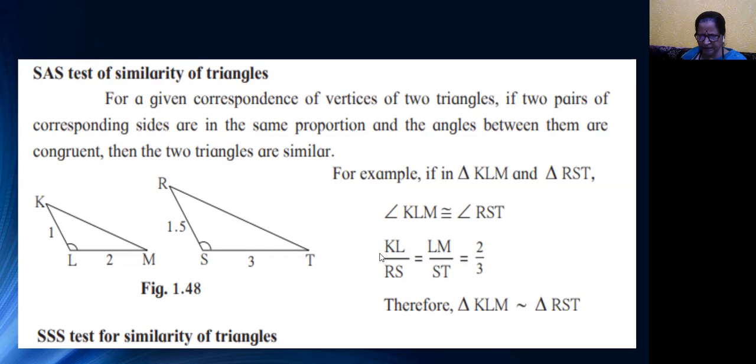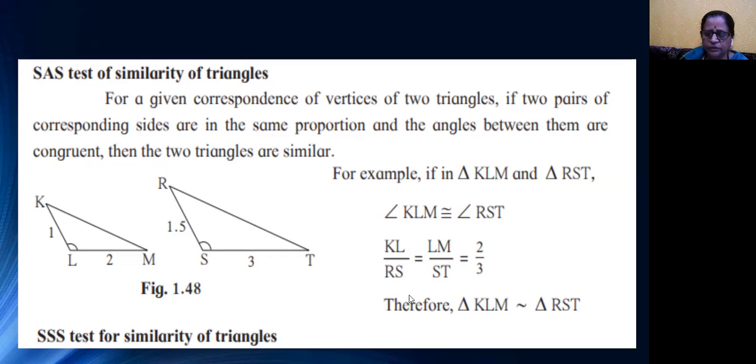Here KL divided by RS, which is 2, is equal to LM divided by ST. Their given values are also taken, therefore the two triangles KLM and RST are similar with this SAS test. The two sides KL and LM, and in the other triangle RS and ST, include the corresponding angle between these sides, and these two angles are congruent. So these two triangles are similar.